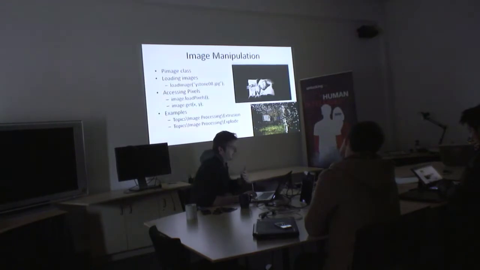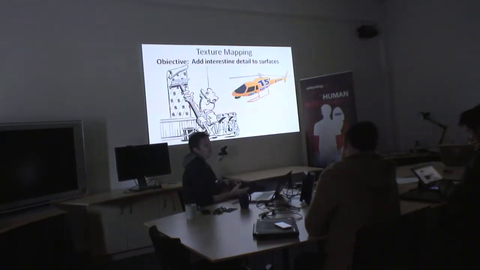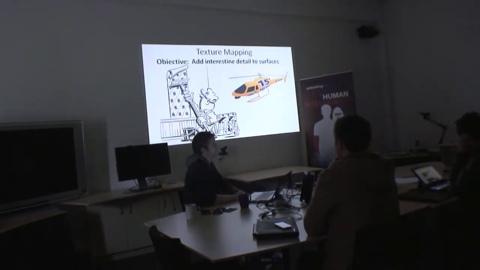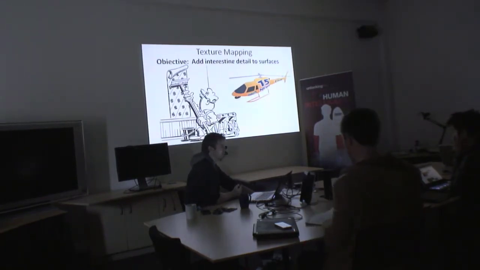Right, so moving on from image manipulation: we can load images, get out various pixels and do stuff with them if we want. We can then move on to texture mapping. We've looked at how we can create primitives like planes, cylinders, floating cubes, and so on.